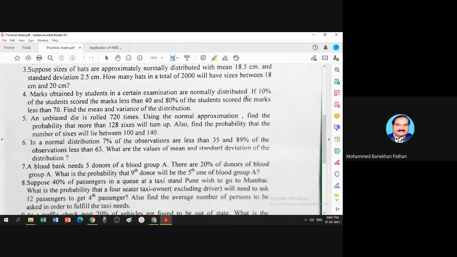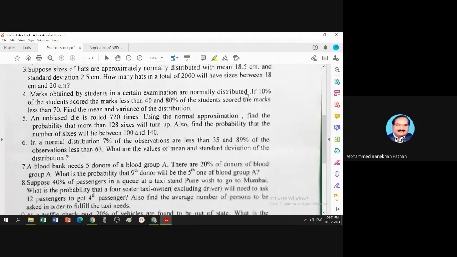If you make a frequency distribution of marks for 100 students, and if you draw the histogram, you will find that the histogram can be transferred into a symmetric curve. And that's why we consider marks obtained by students as a normal distribution, because it satisfies the curve of normal.